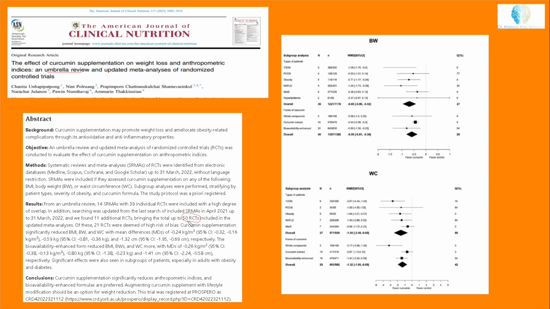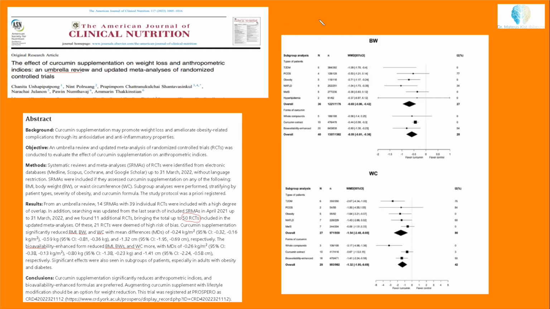And what they saw is that yes, curcumin supplementation significantly reduced BMI, body weight, and waist circumference, and that the curcumins that were enhanced from a bioavailability standpoint further reduced these metrics. And these benefits were seen among many different patient populations.